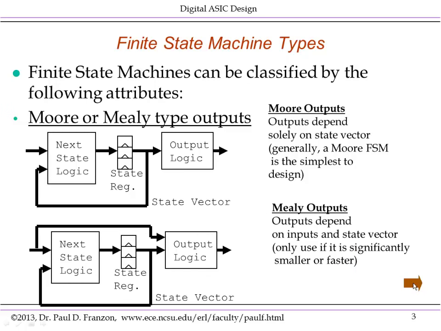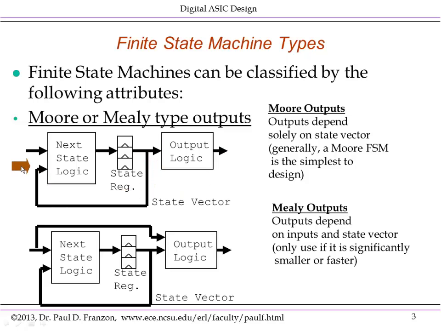So you must recall there are two basic types of finite state machines: the Moore machines and the Mealy machines. In a Moore machine, the outputs depend solely on the state vector. And you can see that here in the logic. Here we have the output logic producing the control signals. It depends solely on the state vector.